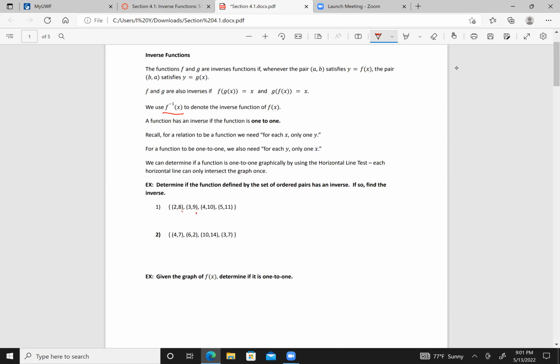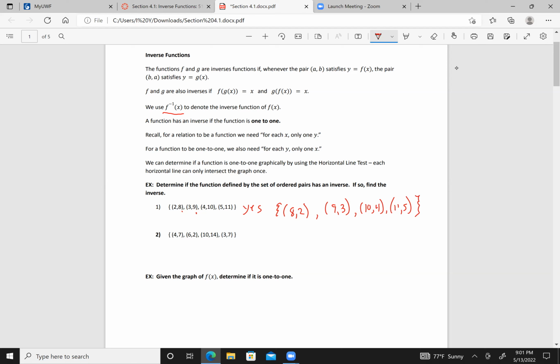And 11, there's only one x, 5. So yes, there is an inverse, and that inverse would be the set containing (8, 2). We just switch the x and y's. (9, 3), (10, 4), and (11, 5). That's all it is.